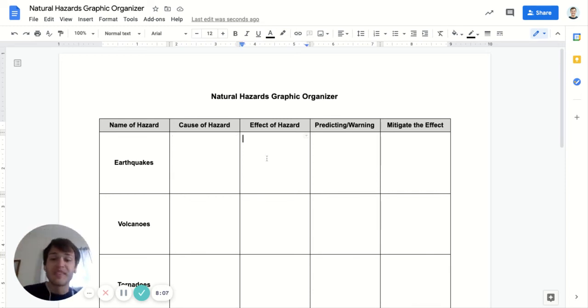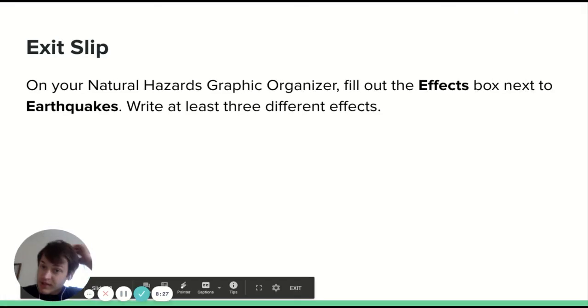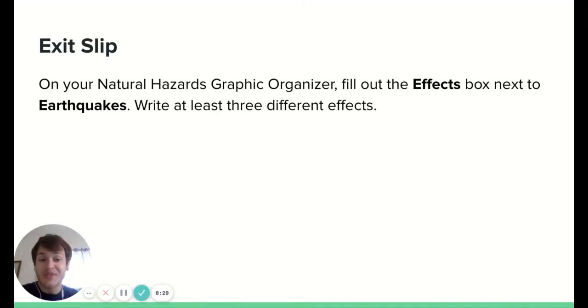And then I want you to add 3 effects of earthquakes. And these 3 effects of earthquakes, that's actually the exit sub question for today. So once you add the exit sub question on your Natural Hazards Graphic Organizer, which we just looked at, fill out the effects box next to earthquakes. Write at least 3 different effects.